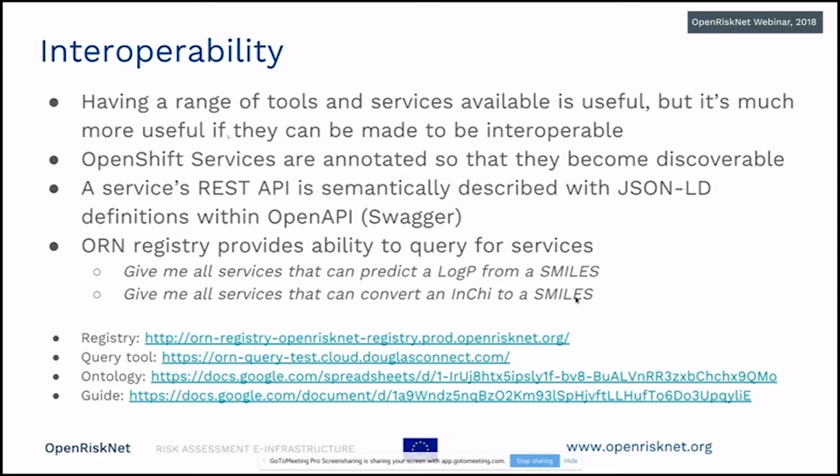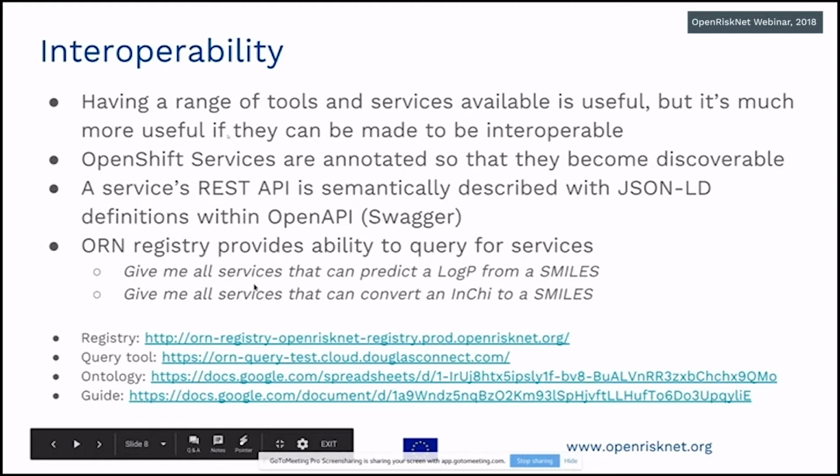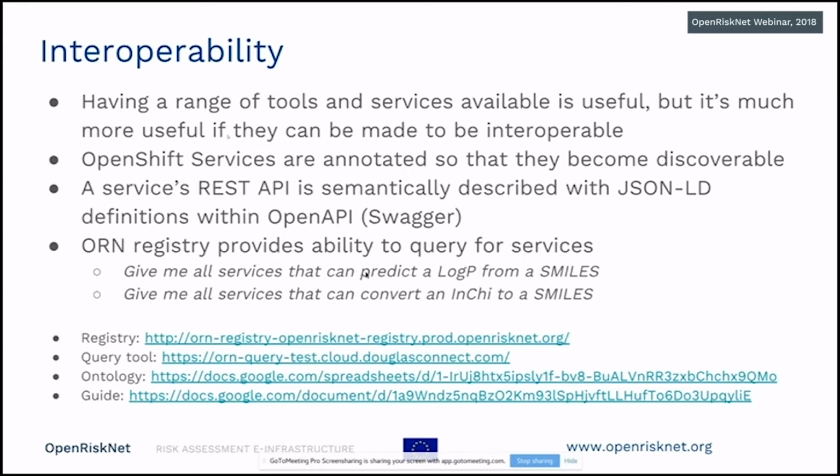And then having run those two queries, you can then join them together. So you could write a process that could generate a logP from an InChI, because we now know how to convert the InChI into a SMILES and then run the logP prediction from the SMILES. So this semantic information that we enrich the OpenAPI definitions with allows us to start to put together these sort of higher level queries and starts making the tools more interoperable.